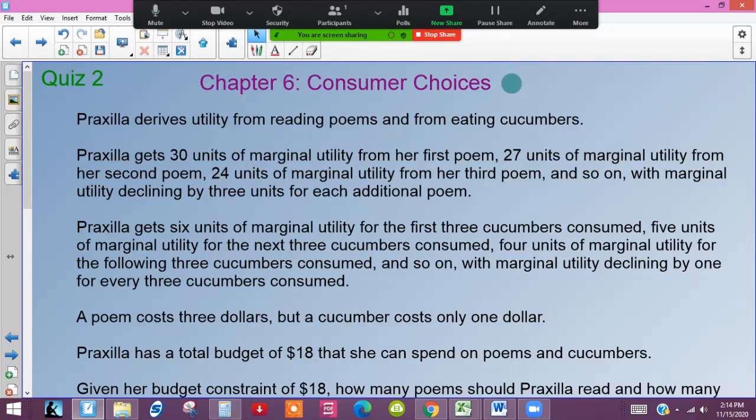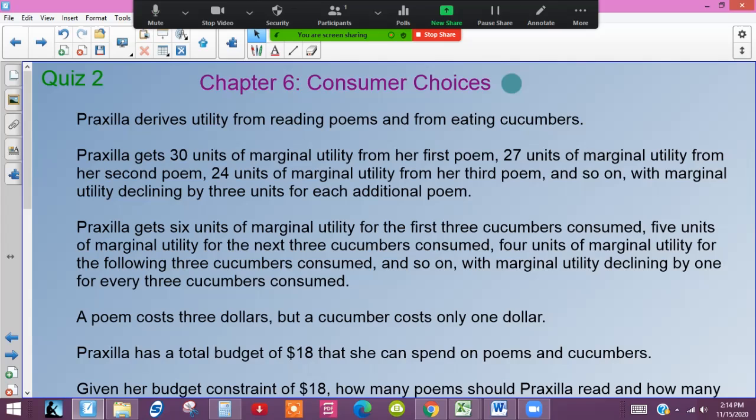And so I've got the narrative here of what the scenario is, but I won't bore you with reading through this. If you want to pause the video, you can. But what I've done and what I'll do for you on the quiz is I will put the narrative into a table so you can actually see it.